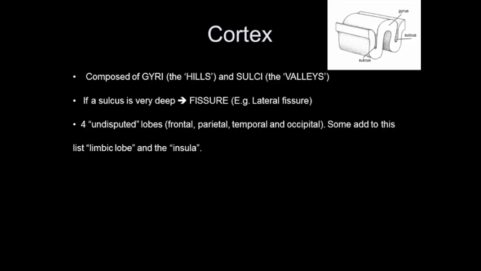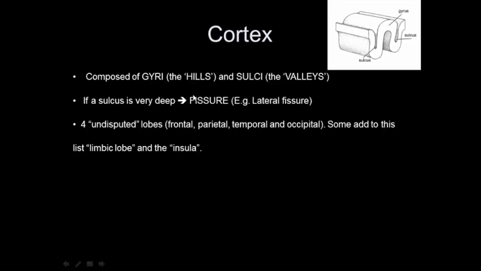Sometimes you hear the word fissure. The word fissure is often used interchangeably with sulcus, but I believe that fissure is more like a very deep sulcus. So just remember that.